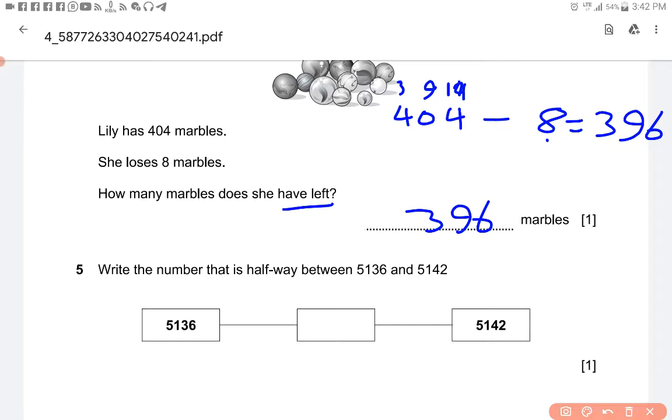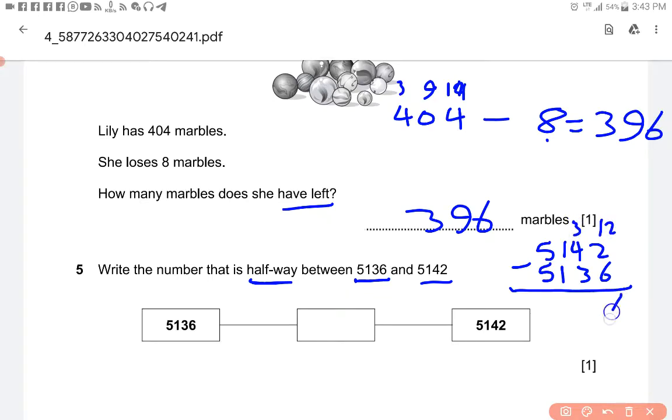After that, write the number that is halfway between 5,136 and 5,142. At first subtract 5,142 minus 5,136. 2 minus 6 impossible, 2 will be 12, and 4 will be 3. 12 minus 6 equals 6. 3 minus 3 is 0. 1 minus 1 is 0. 5 minus 5 is 0.